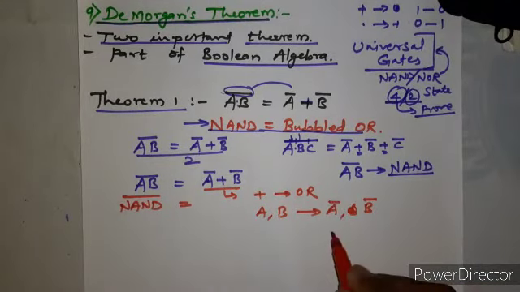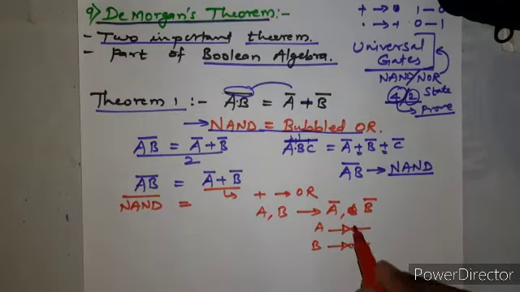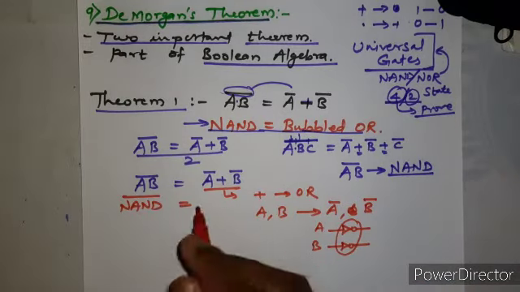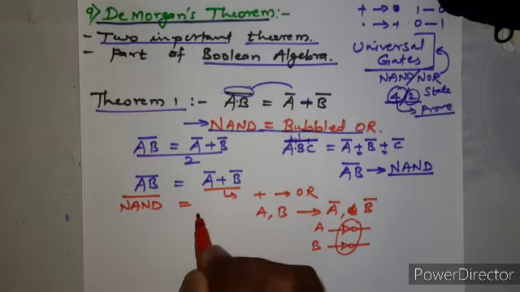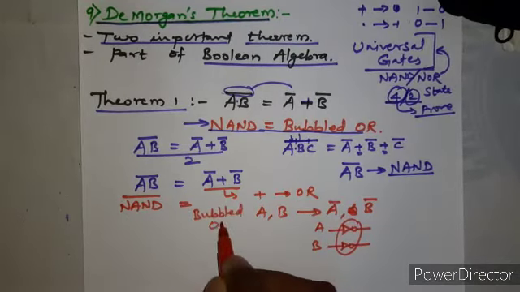This is A and this is B, so the input is in the form of a NOT gate. So for this I can say it is a bubbled OR, bubbled OR.